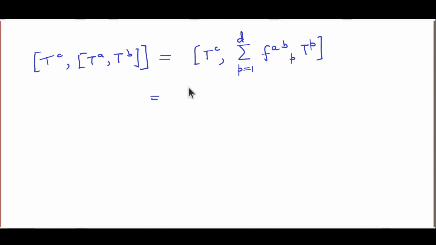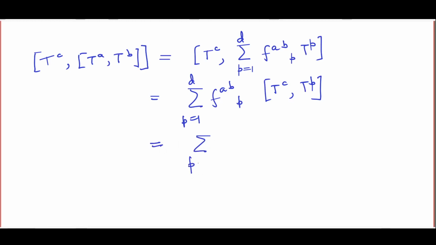But because the Lie bracket happens to be a linear operation, what we can always do is write this as sum over p running from 1 to D of f_ab^p [Tc, Tp]. And what we can always do is use the definition of the structure constant once again.